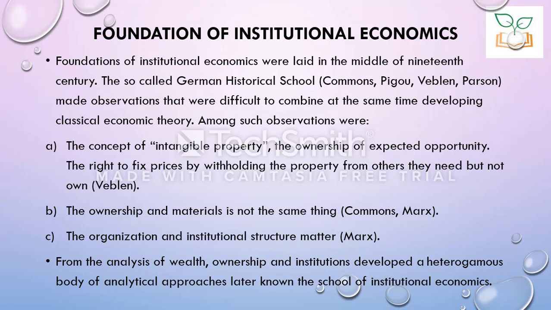Among such observations were, as Veblen stated, the concept of intangible property, the ownership of expected opportunity, the right to fix prices while withholding the property from others who need it but do not own it. As Commons and Marx stated, ownership and materials are not the same thing, and organizations and institutional structures matter.